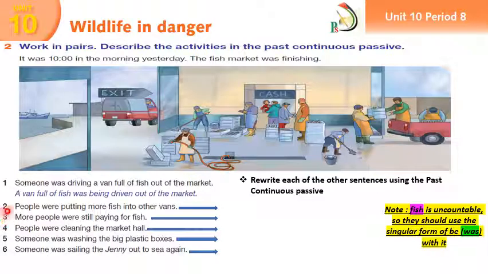Now, sentence 2: People were putting more fish into other vans. Try to rewrite the sentence using the past continuous passive. It's very easy. Where's the object? Where's the subject?